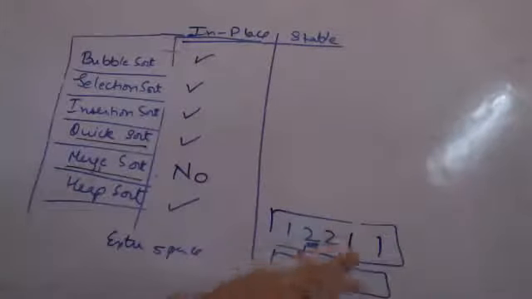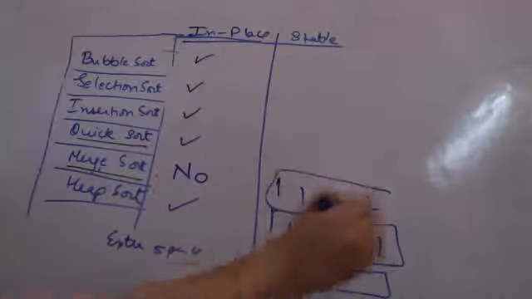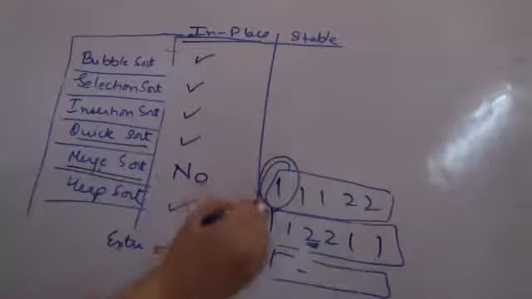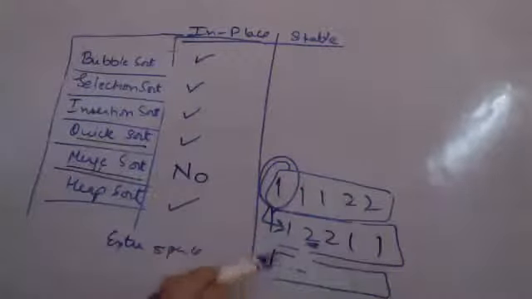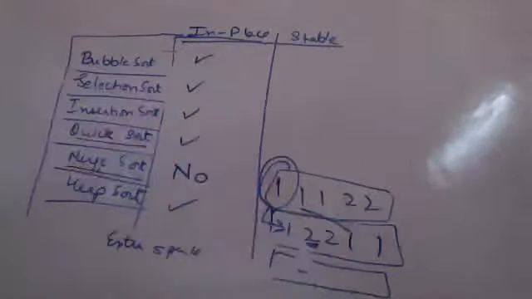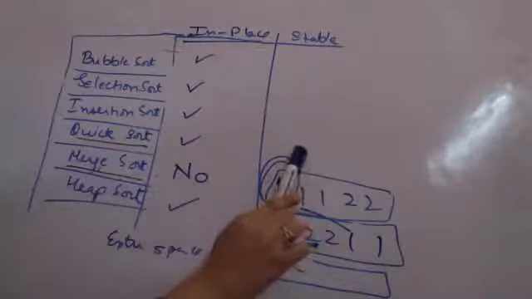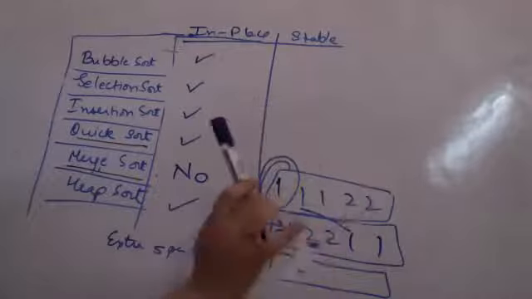When I finally have the sorted list, that should be 1 1 1 and 2. This one should be the one that occurred first in the original list, and this should be the second. If the occurrence of similar elements is in the same order as in the original list, then it is called a stable sorting algorithm. Otherwise, it is not called a stable sorting algorithm.